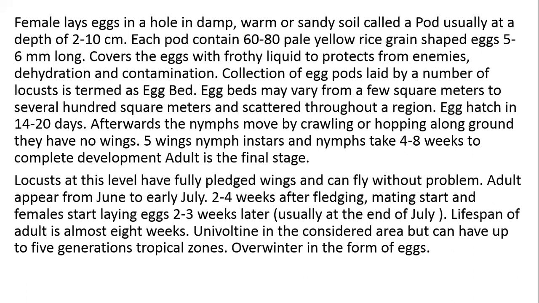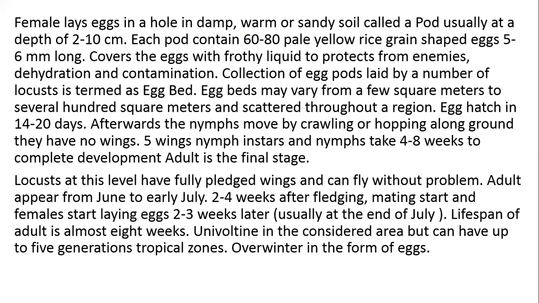Each pod contains 60 to 80 pale yellow rice grain shaped eggs, 5 to 6 mm long, covered with frothy liquid to protect from enemies, dehydration and contamination. इन सबसे बचने के लिए अंडों को ये ढक के रखता है एक थूक जैसे या वाइटिश फ्रॉथी लिक्विड की वजह से, जिससे कि वो प्रोटेक्टेड रहे.